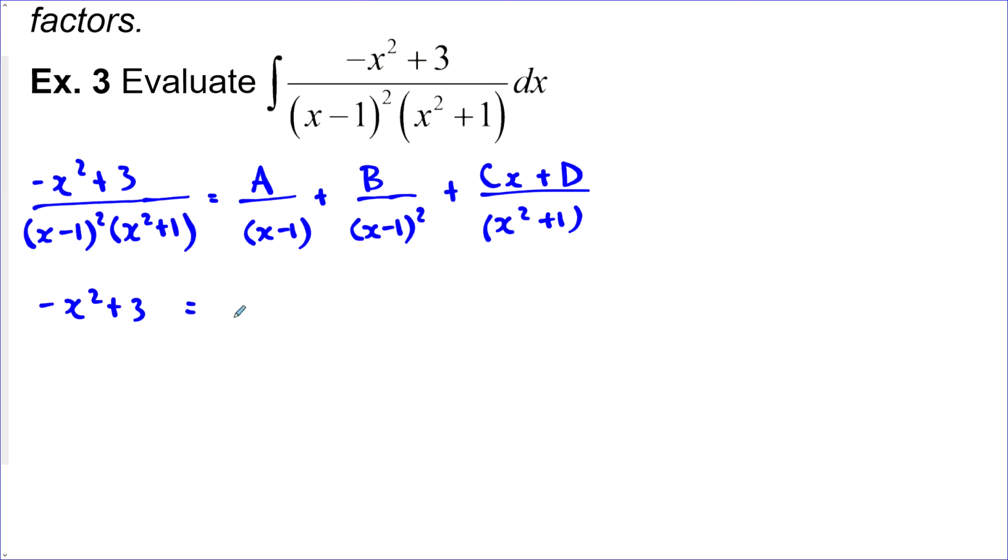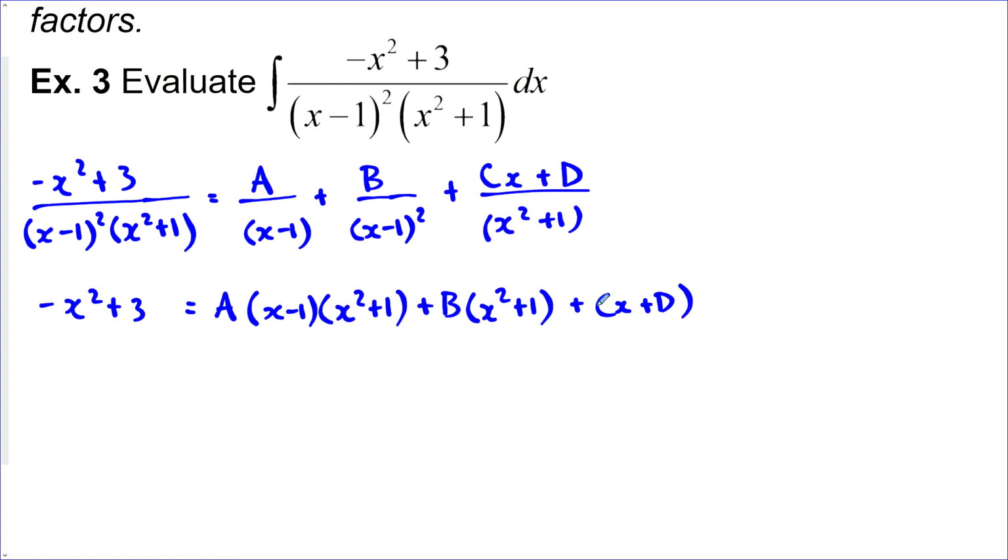So for a here, a is going to be multiplied by x minus 1, and also this one here. b is going to be multiplied by this one, and the cx plus d is going to be multiplied by the x minus 1 squared. Now this is going to get an awful lot of terms to it.